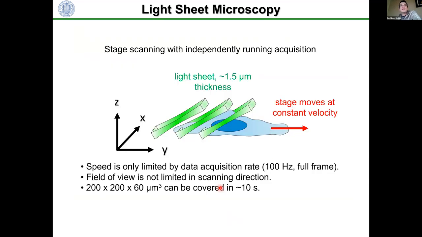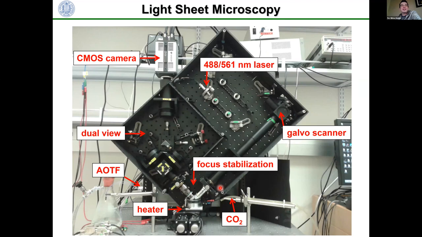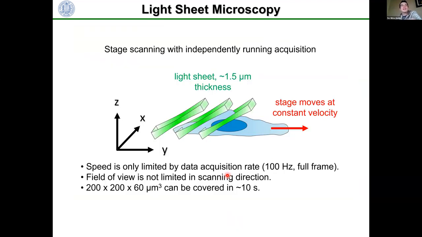So how do you acquire the 3D images now? Well, you saw we have this 45-degree angle with respect to the sample plane. And what you can do is just move the sample, for example with the stage, through the sheet at a constant velocity, acquire the images at the same time, and then with the step size, you can reconstruct the three-dimensional images.